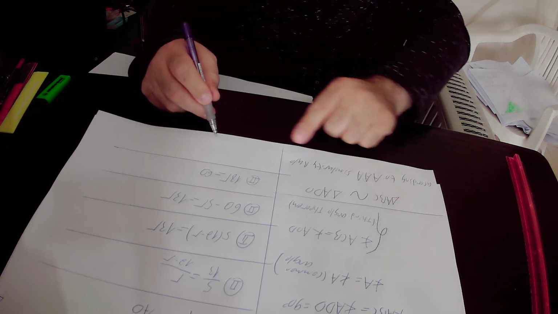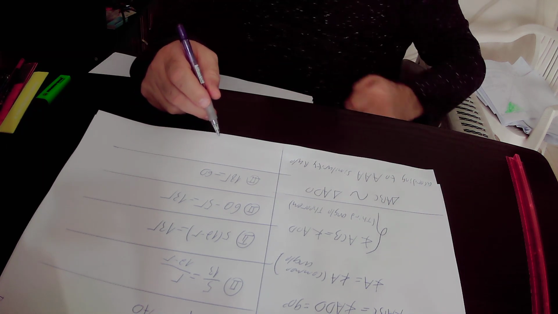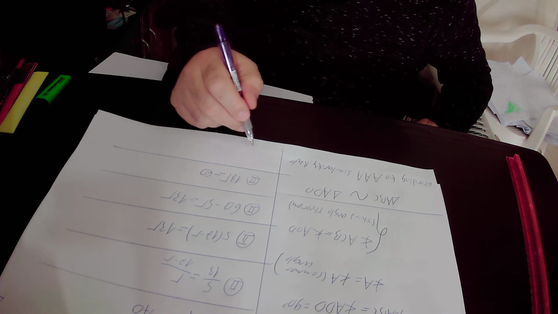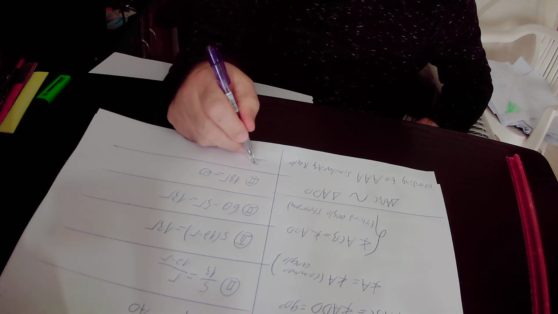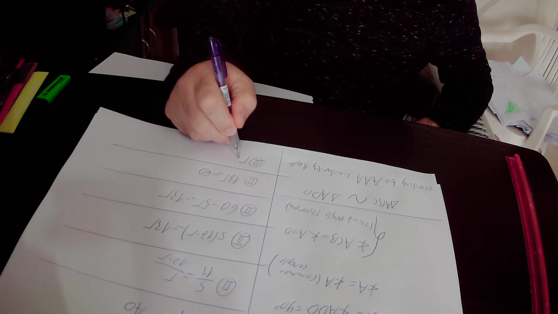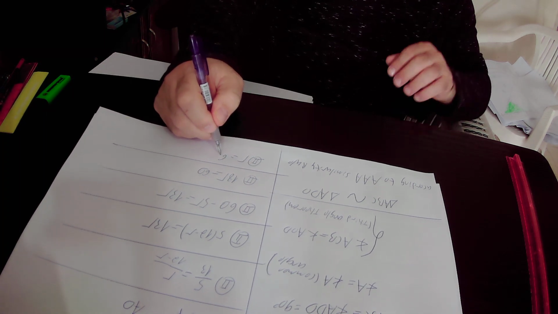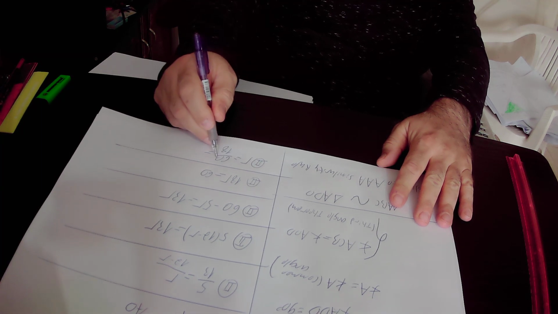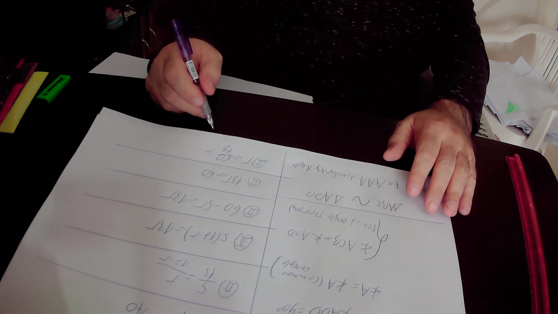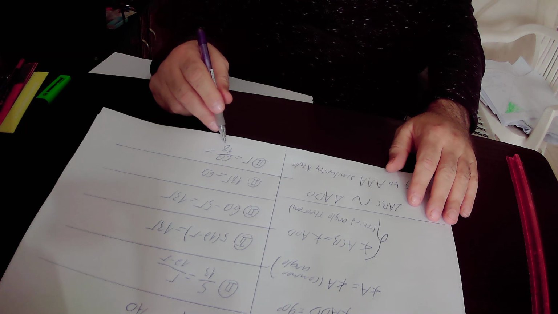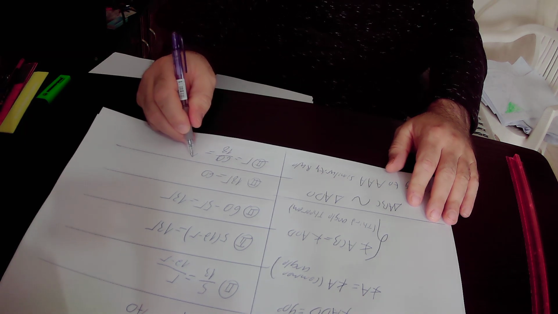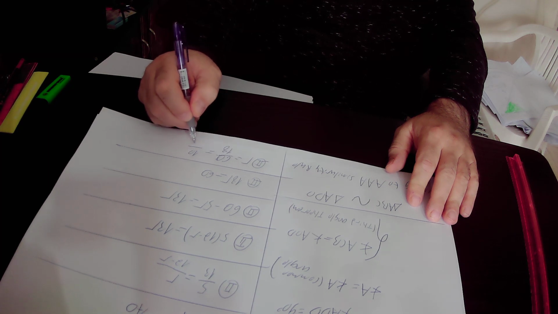We got that 18R equals 60. Here we will divide equation number 2 by 18, and we will get that the radius of the semicircle R equals 60 over 18. Here we will divide both the numerator and the denominator by 6, and we will get that 60 over 6 is 10, and 18 over 6 is 3.